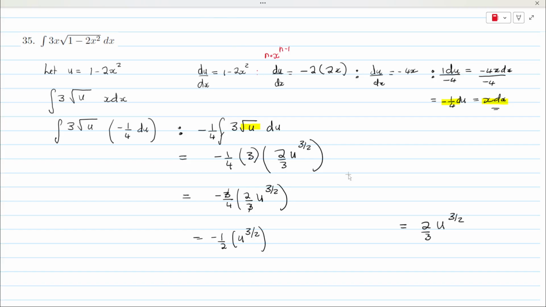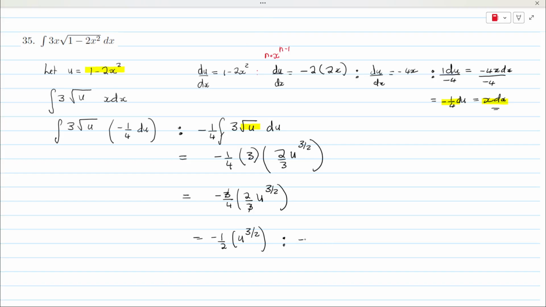Because I have further simplified this, it's now easier to work with. So I have negative 1 all over 2 u exponent 3 all over 2. Because I've already determined what my u expression is, in this case 1 minus 2x squared, I can substitute my u expression into this equation.